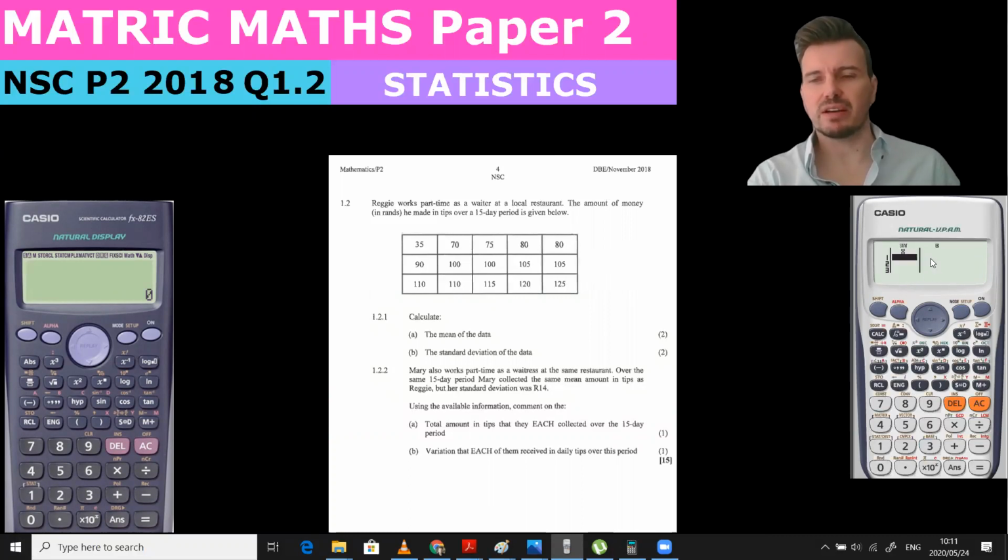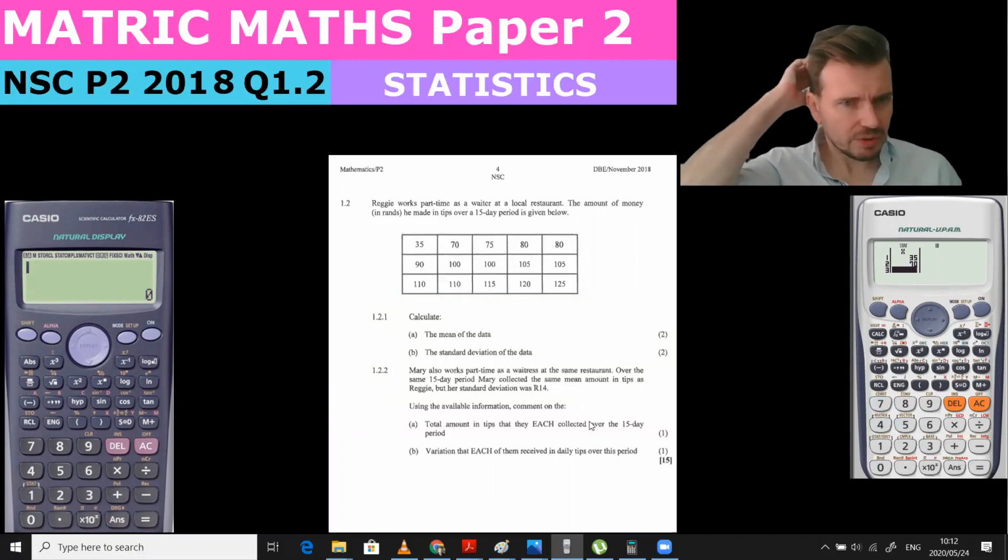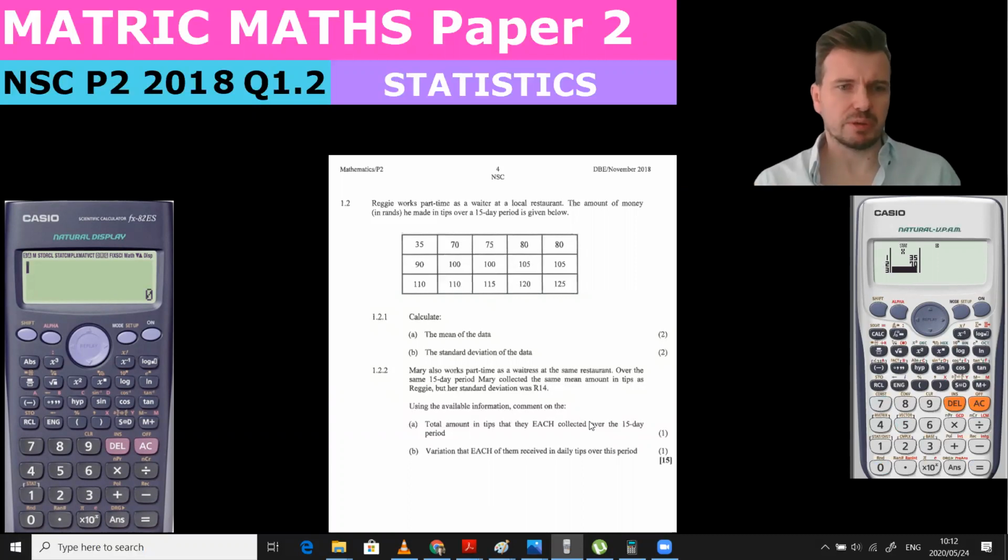Now you'll notice here that I've got no frequency table, which is fine for this question, because I can put in the values, so I'd put in 35 for the first value, 70 for the next value, etc. But what I like to do is to make sure that your calculator has the frequency table on, because for this question you've got a frequency of 2 for 100, but you could just put in hundreds separately, and the calculator would automatically add the frequency of 1, because each item is just once.